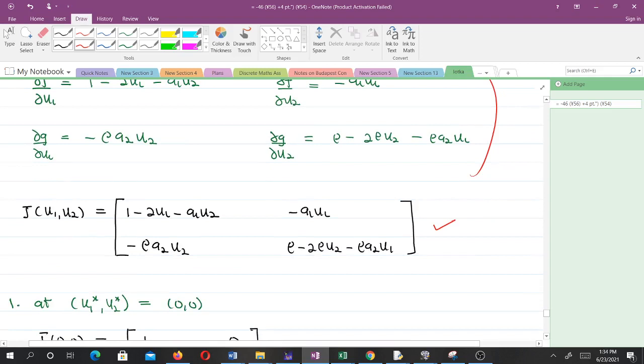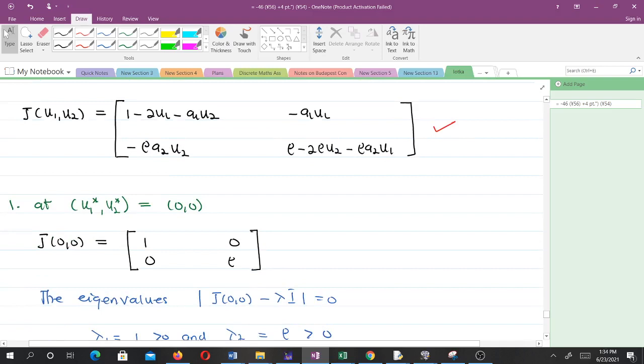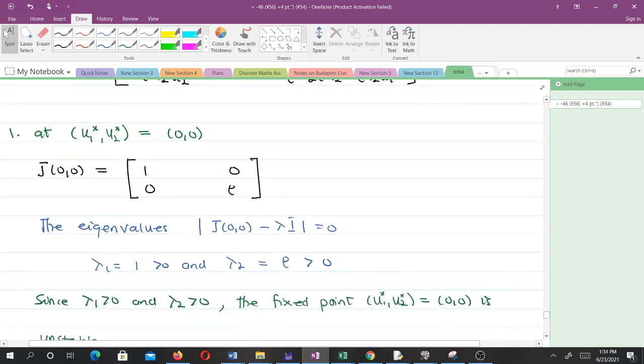So the next is for us to put our fixed point in. At the first fixed point, that's u1 star, u2 star equals 0, 0. When you put 0, 0, like u1 to be 0 and u2 to be 0 here, we would have this. You get 1, 0, 0, rho, right? And finding the eigenvalues of this Jacobian, you realize that they are 1 and rho. You realize that 1 is positive and rho is also a positive parameter.